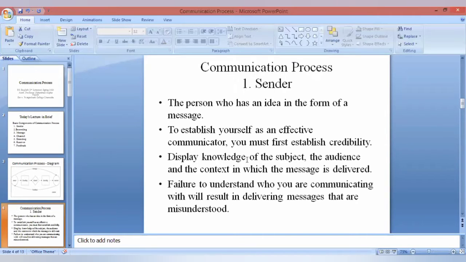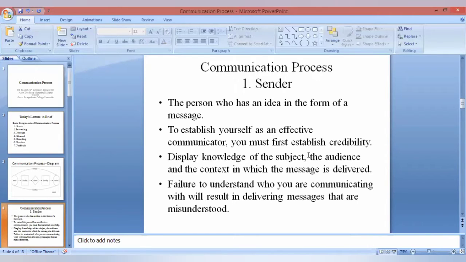You should show that you know well the subject on which you are sending the message, and the topic on which you are exchanging information with someone is very clear to you. And you should also consider the audience.